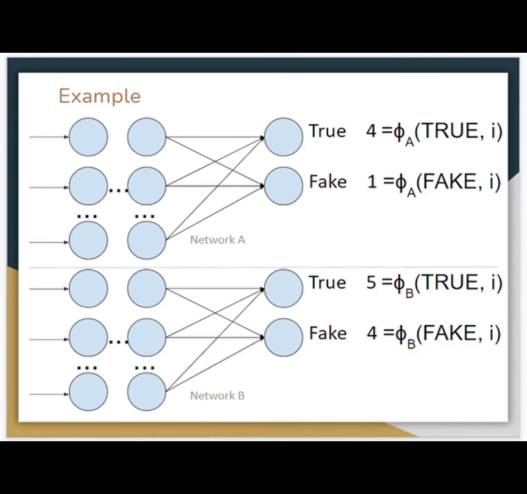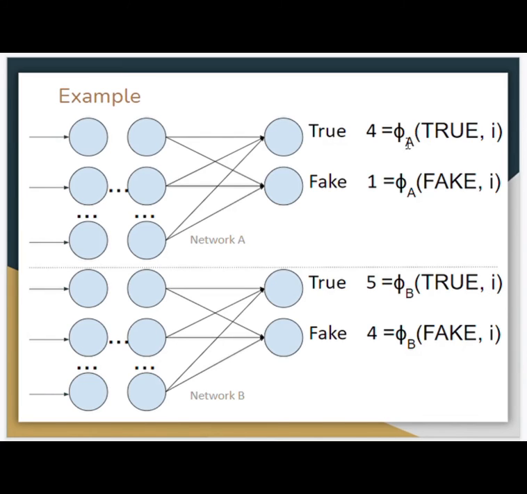Let's take a look at this example. These two networks, A and B, classify instance I as true, because both of them return a higher level on perceptron true. This phi indicates the level of the network's confidence for a class and an instance.